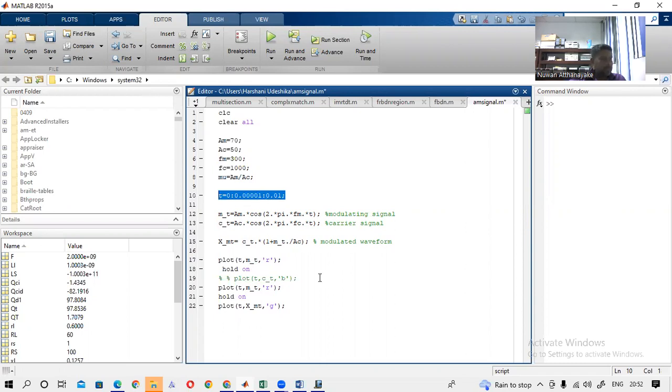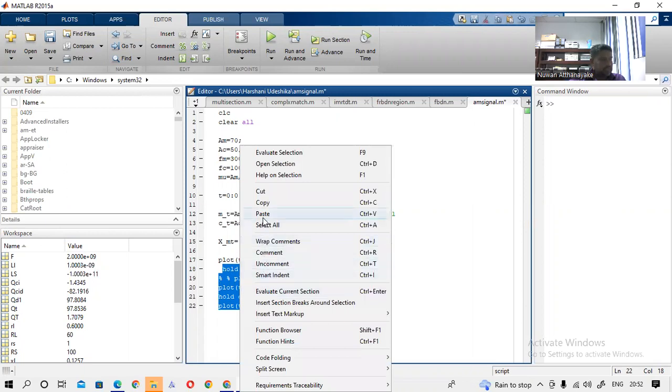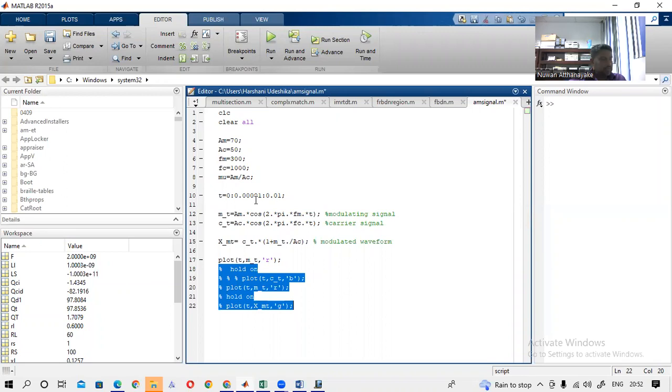I think we have to plot the carrier signal and the information signal separately. So if I plot them separately, this is the information signal, so I will comment this.